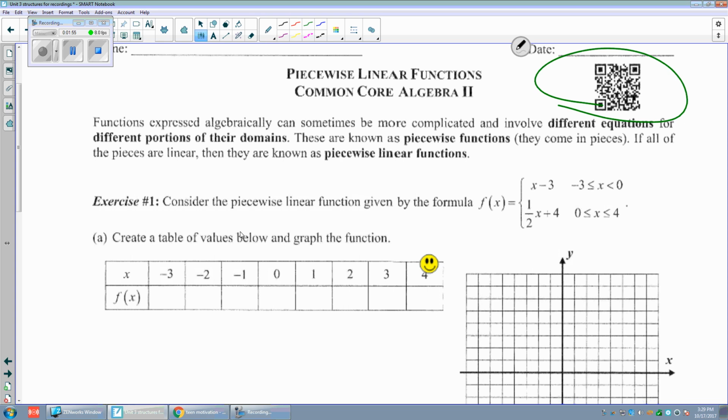Very simply, f of x equals x minus 3 from -3 to 0, and f of x equals that from 0 to 4. Now, which one has 0? It's only one of them, and it's right there because it's equal to.